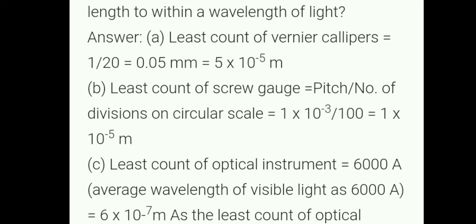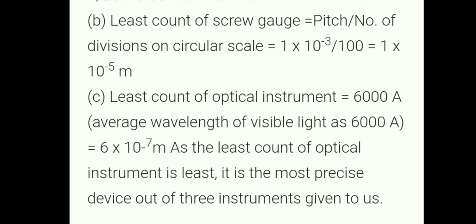Third one, the least count of an optical instrument. Now it is already given that we have to take the wavelength of visible light. An optical instrument that can measure the length within a wavelength of the visible light. It means the wavelength of visible light is approximately 6000 Angstrom, and 1 Angstrom equals 10 to the power minus 10 meter.